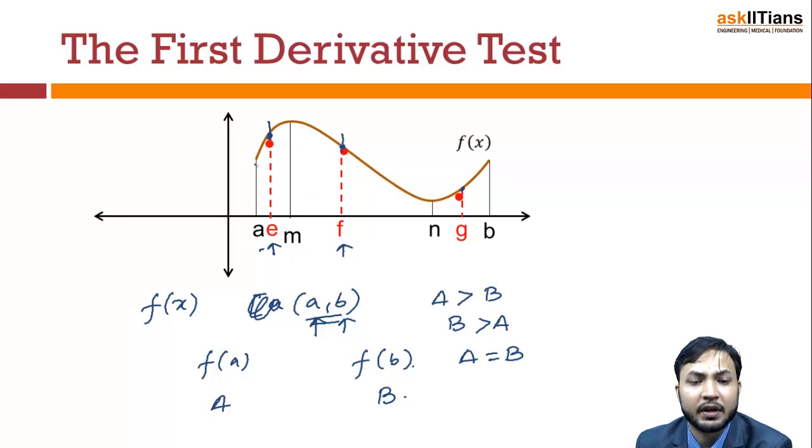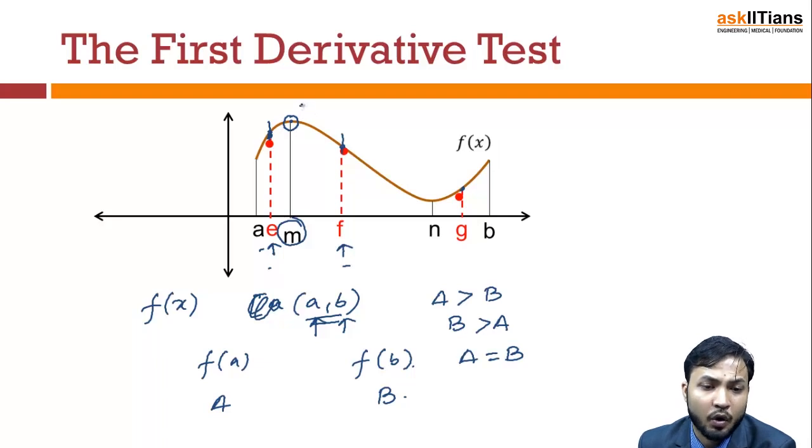In this area, the function behaves in such a way that there is some value that I get for f(e), and some value that I get for f(f). At this point, m, the function takes its maximum value. This is what is called the critical point.